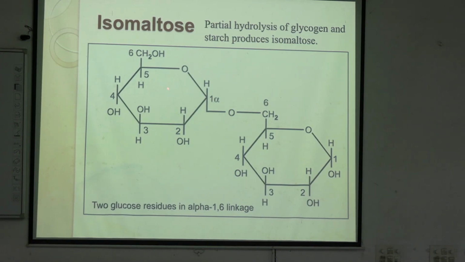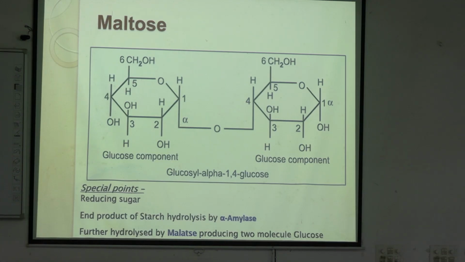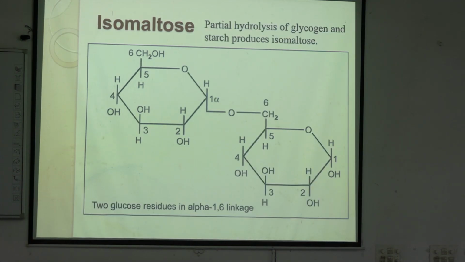Here isomaltose contains 2 glucose monomers, but they are linked via alpha 1,6. Can we appreciate alpha 1,6, carbon 6? In case of maltose, it was alpha 1,4. In case of isomaltose, it is alpha 1,6.